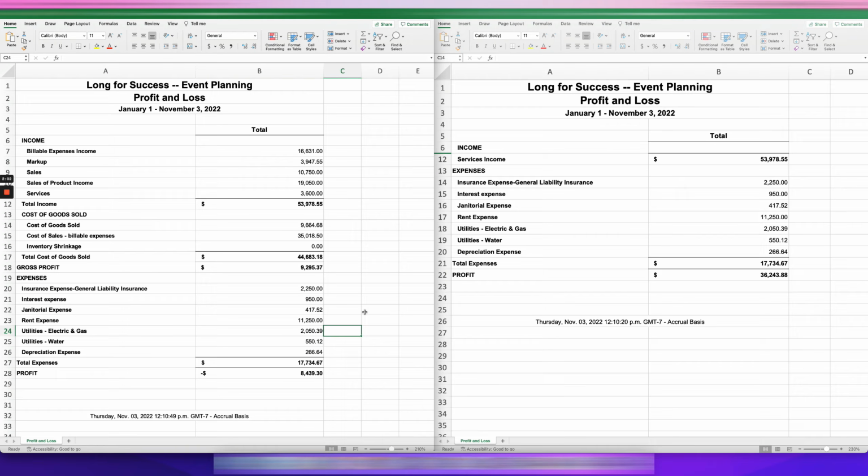Most people, again, only care about sales or top line, but that doesn't really matter. What you really need to focus on is the profit or the bottom line. Because it doesn't matter if your total income is $1 million or your total revenue or top line is $1 million.